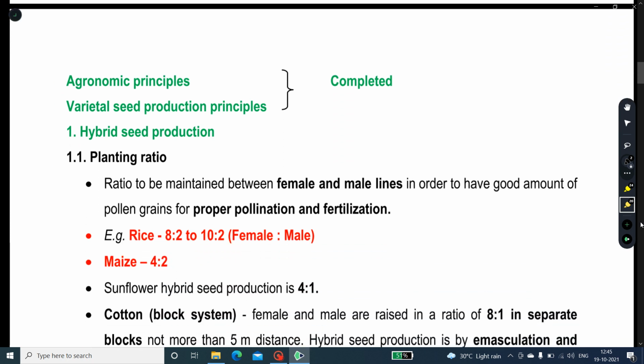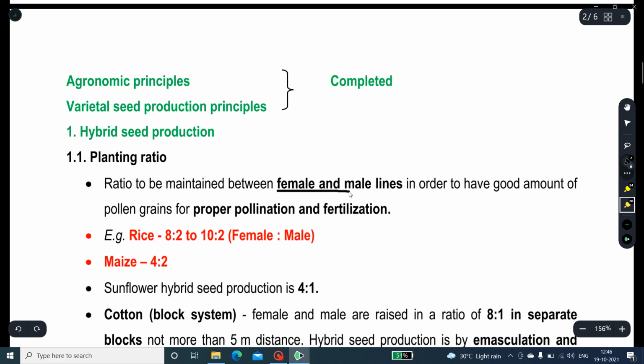In case of hybrid seed production, all the operations are similar to the varieties except certain following steps as given below. The first one is planting ratio. Planting ratio may vary from crop to crop depending upon their seed production capability, and it is nothing but the ratio to be maintained between the female and male line.